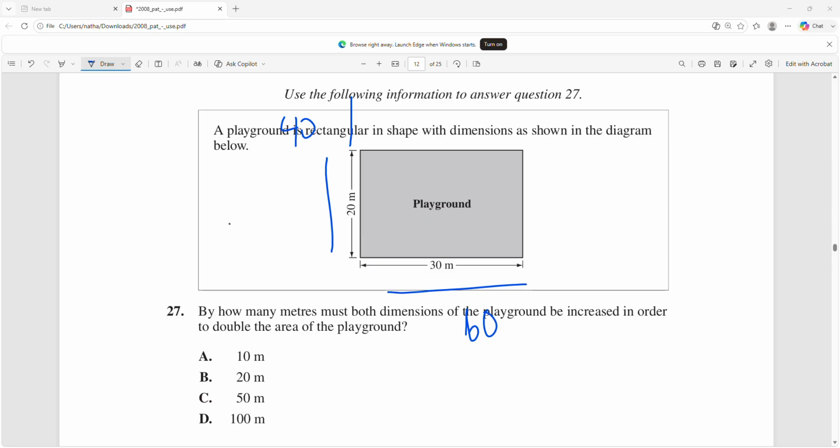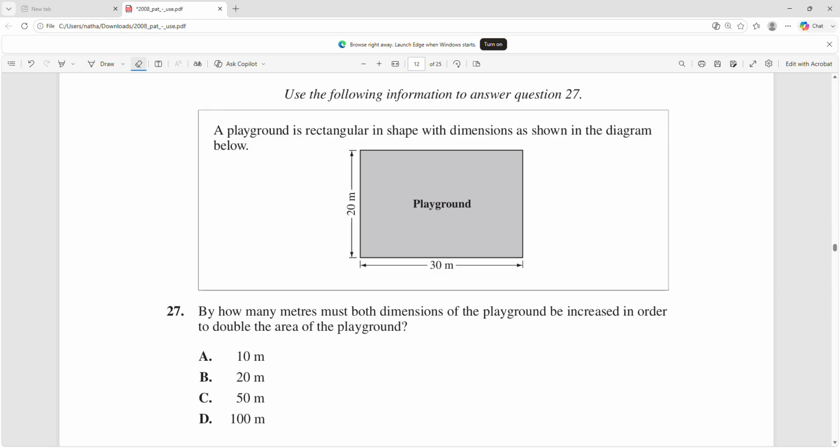Our original area was 20 times 30, which is 600. If we want an area that's double, that would be 1200. But if we double this side and that side, we have 40 times 60, that's 2400. That's much, much bigger. So we can't just double the sides.